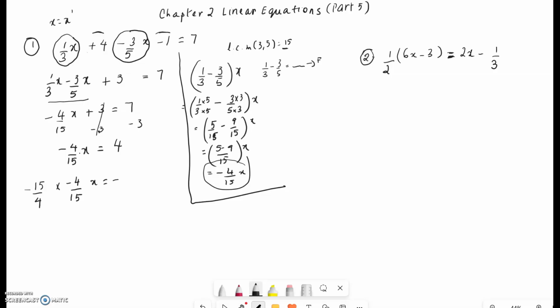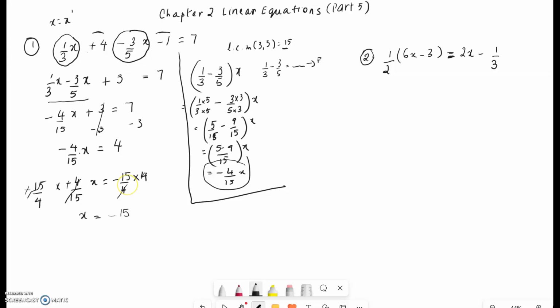We multiplied the left side with negative 15/4, which is the reciprocal of negative 4/15. Do the exact same thing on the right. These two cancel each other out. The negative and the negative becomes positive. X is equal to, and cancel the 4's, and your x is negative 15.